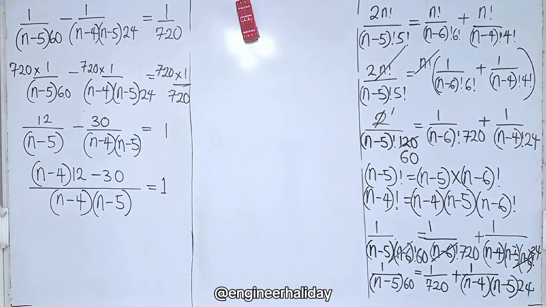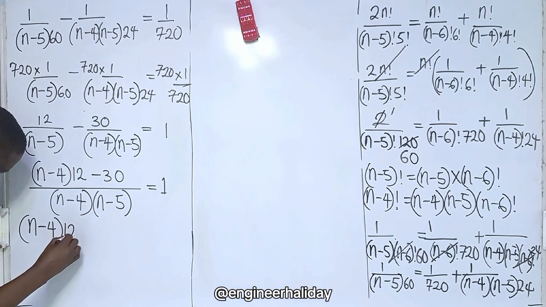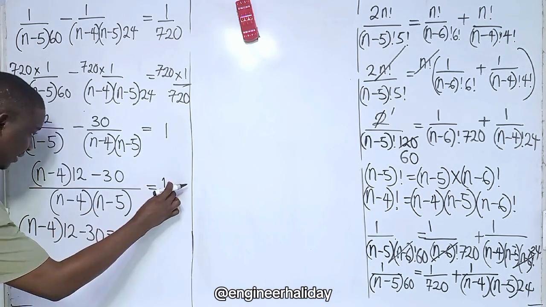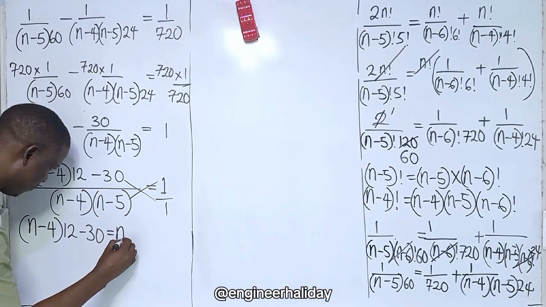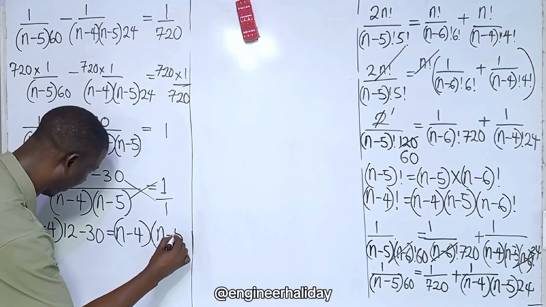Now, having done that, let's cross multiply. If you cross multiply, I would have n minus 4 times 12 minus 30 is equal to this multiplied by this. So we would have n minus 4 into bracket n minus 5.